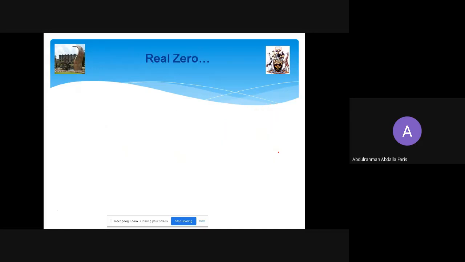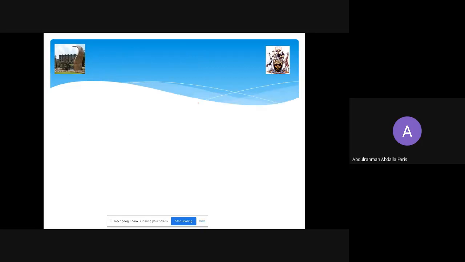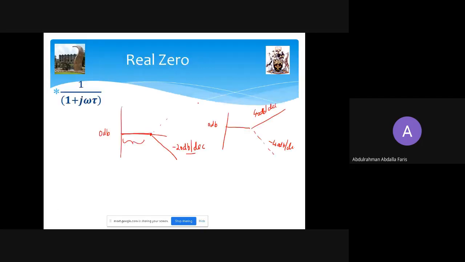As an example, okay, the procedure for plotting a Bode plot. First, you put it into time constant form, obtain these corner frequencies, these ones where omega is 1 over tau, like that.